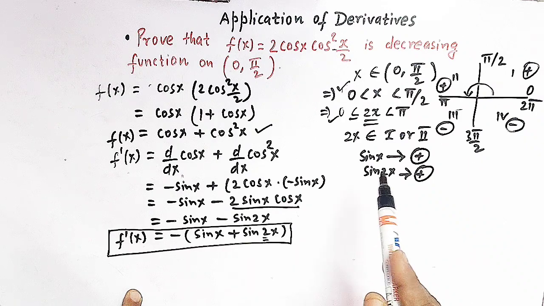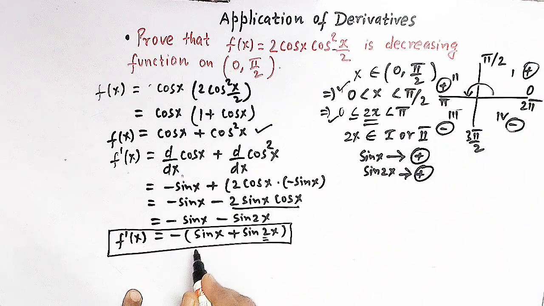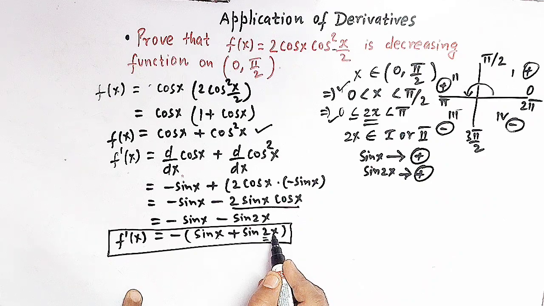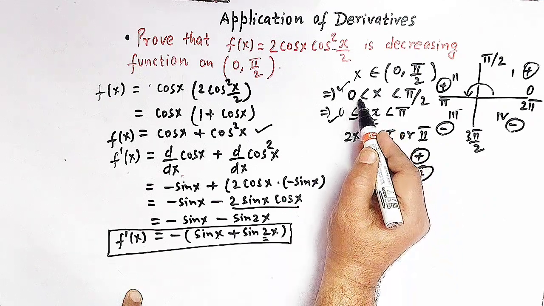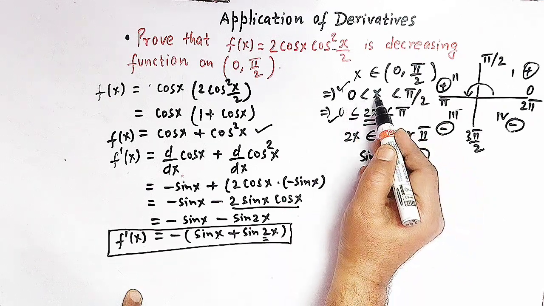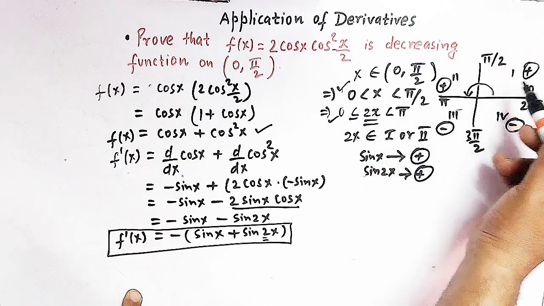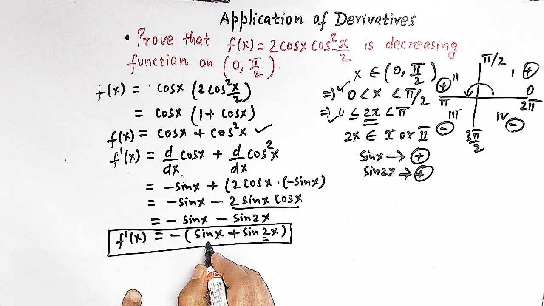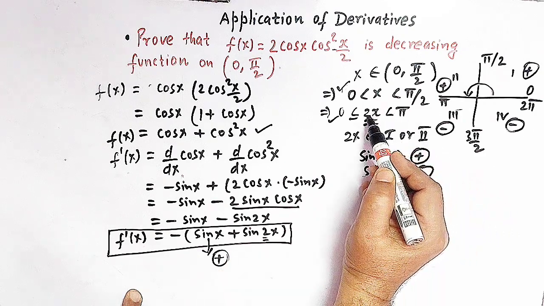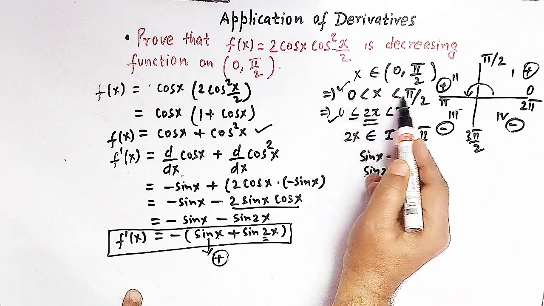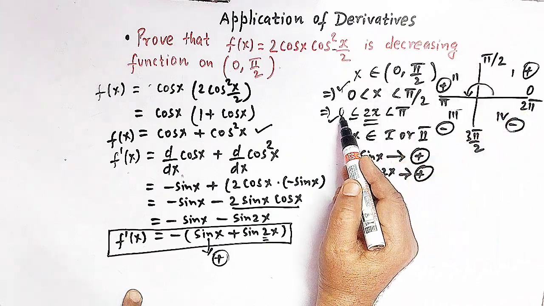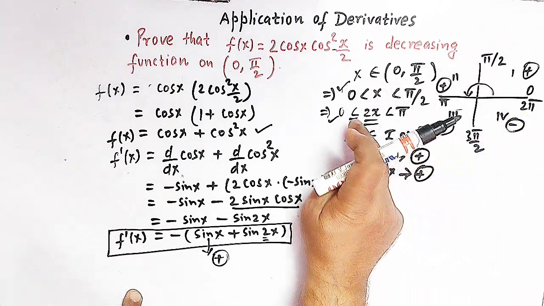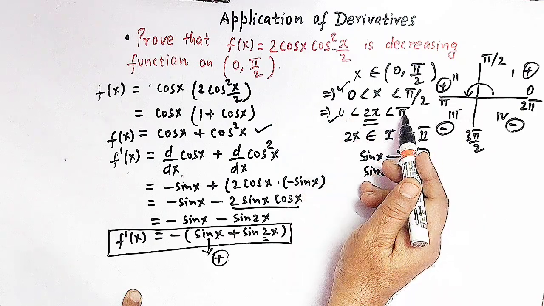So let us once again explain it. Here we have sine x, and here we have sine 2x. Now x is greater than 0 but less than pi by 2. So x is in the first quadrant, and in the first quadrant sine x is positive, right? So this quantity is positive, and 2x, when we multiply this inequality by 2, then we have 2x greater than 0 but less than pi.